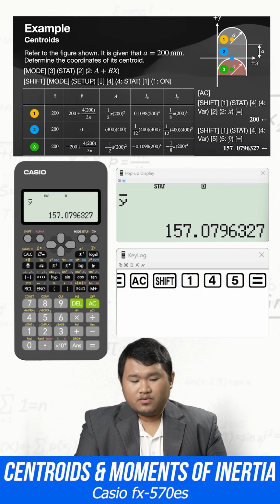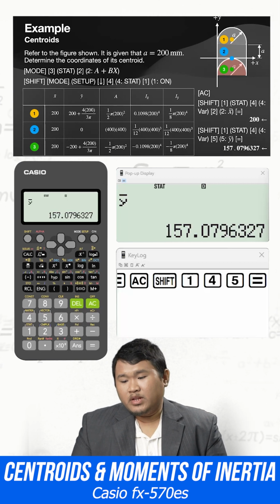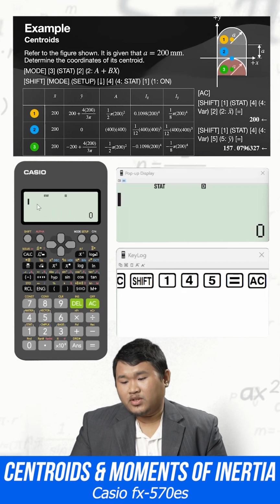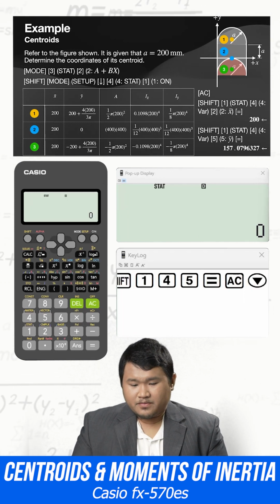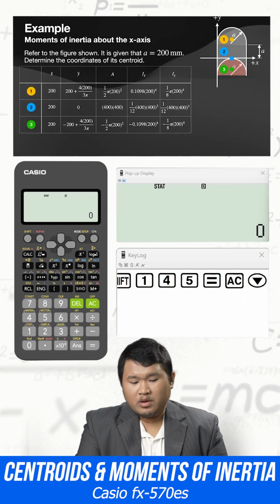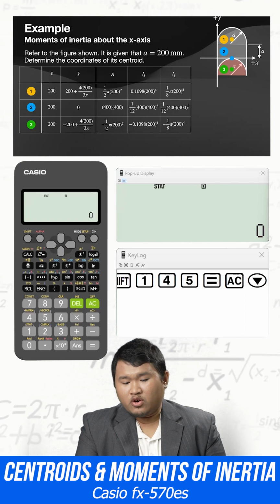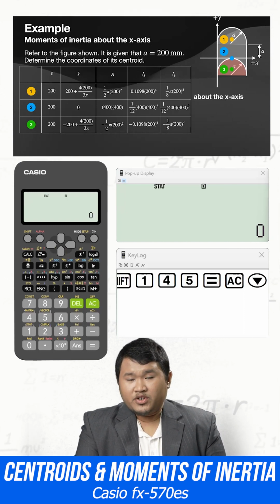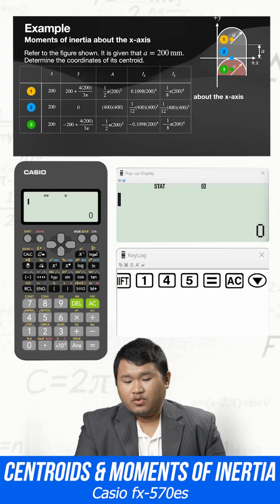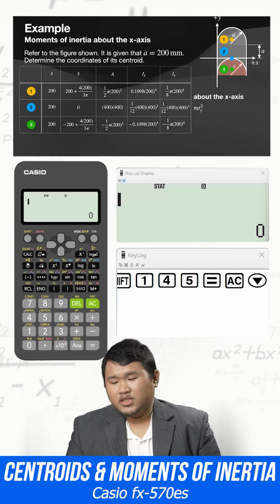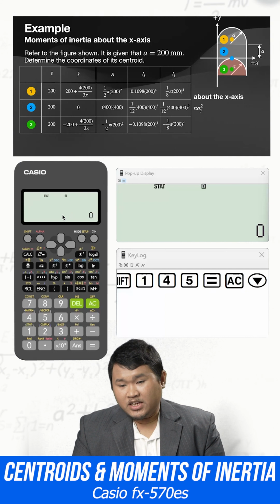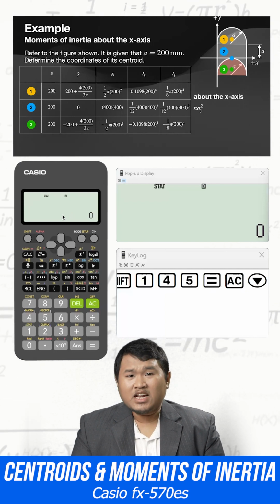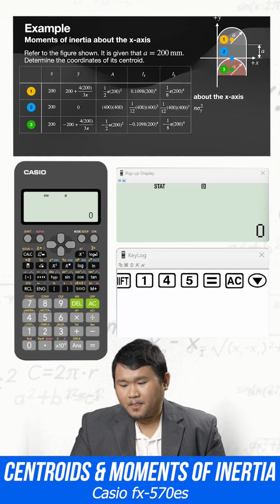Next, without deleting the table, we will press AC one more time. So now the input is clear. And then we will proceed with the calculation of the moment of inertia. So first, about the x-axis, we will first input this expression, n sigma y squared, that represents the Ad squared in the parallel axis theorem formula.